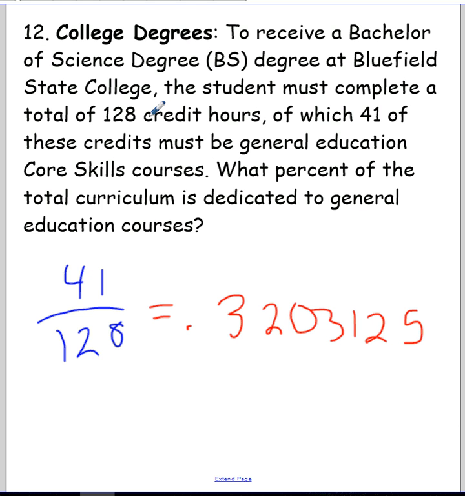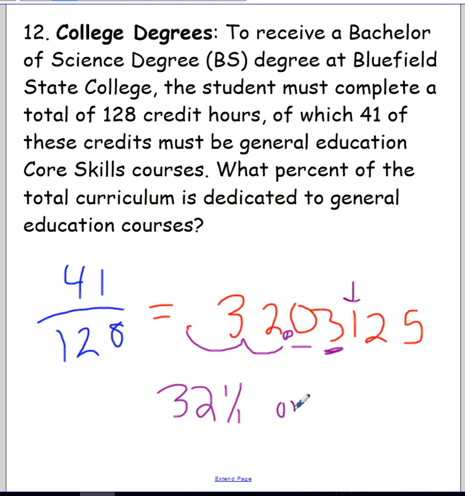So we're going to round, and let's take a look. Moving the decimal 2 spaces to the right gives us 32. If we round to the nearest tenth, the 3 tells us to stay the same, so it would be 32.0, or 32%. If we want to round one more place and look at the 3, the 1 after it would tell us to stay the same.